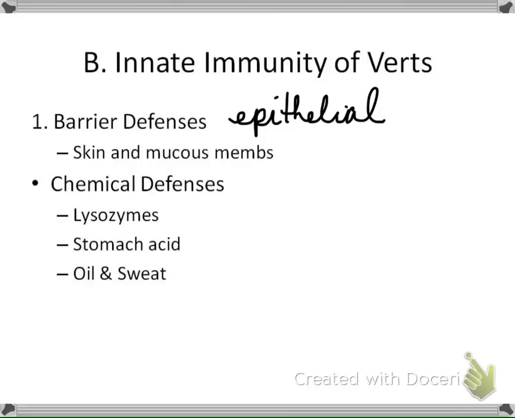It's really hard for a microbe to get through your skin and mucous membranes that line your digestive, respiratory, and urogenital tracts. Mucous membranes form mucus, a viscous fluid that traps pathogens and other particles.